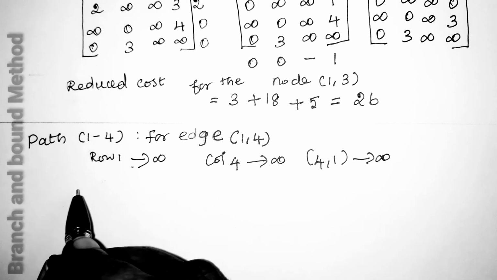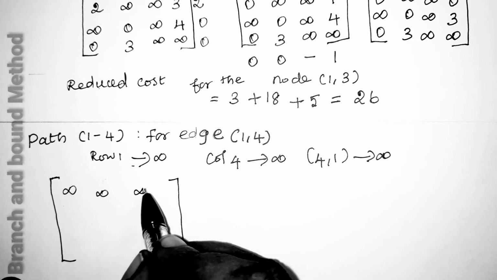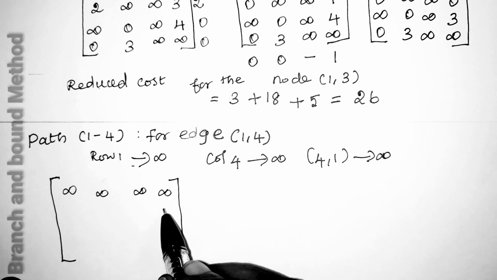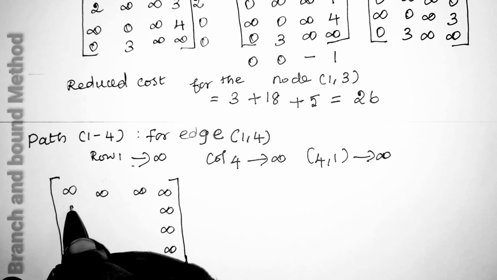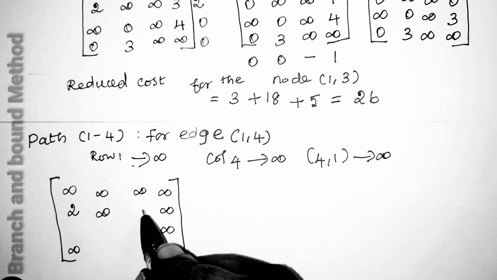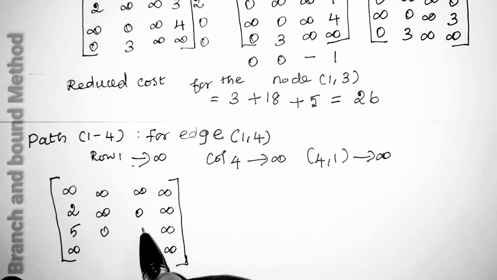Now the reduced matrix is: first row infinity, fourth column infinity, 4, 1 is infinity, and you write the remaining as it is, that is 2, infinity, 0, and here 5, 0, infinity. Fourth row infinity, 3, 4.